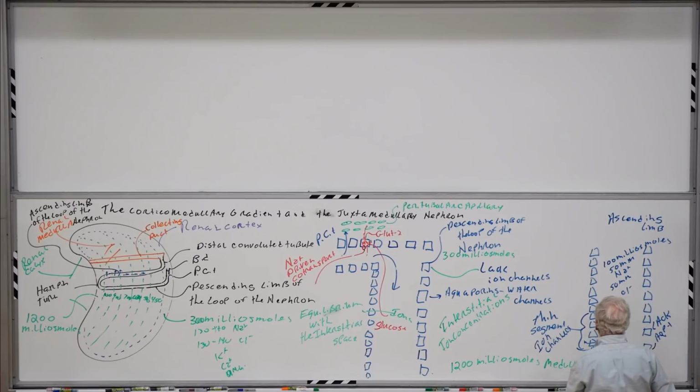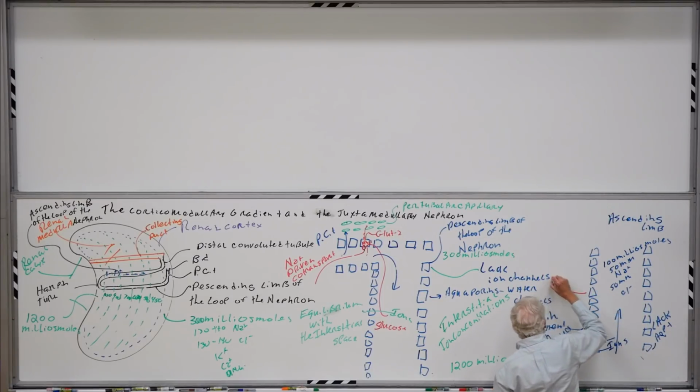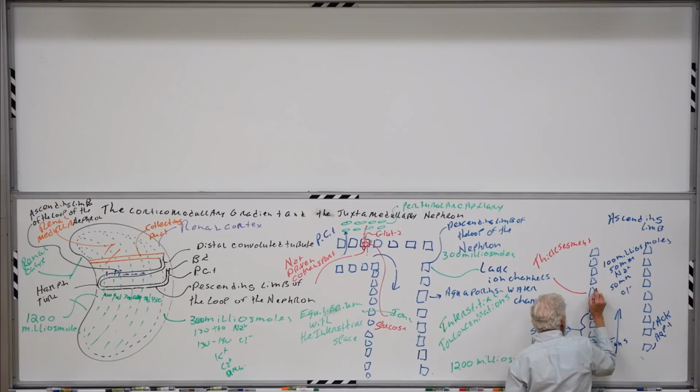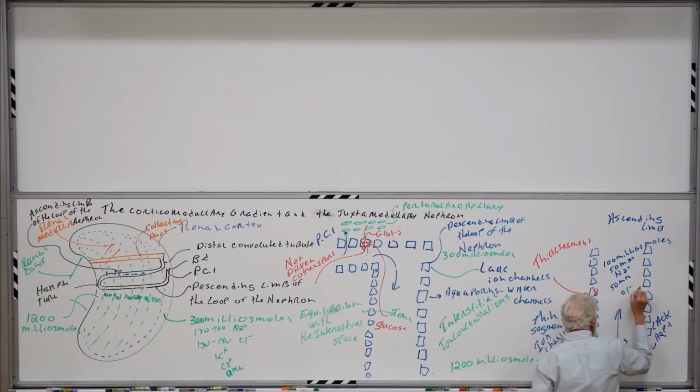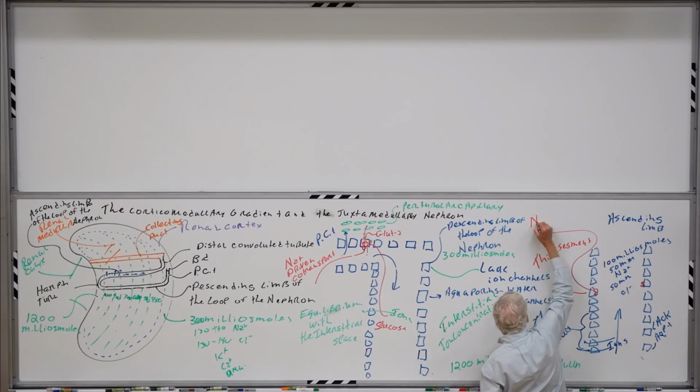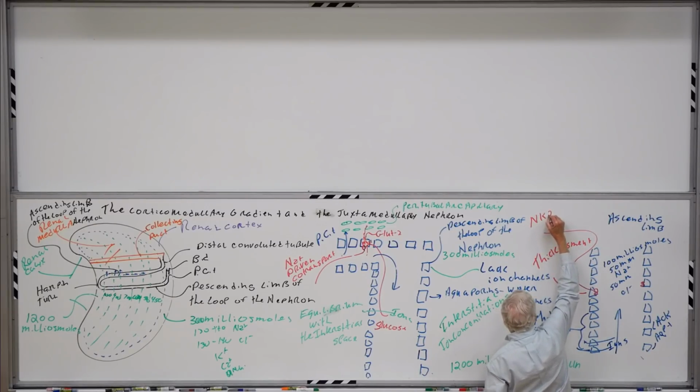So one of the major players on these epithelial cells in the so-called thick segment will be these transmembrane proteins called sodium-potassium-2 chloride transporters.